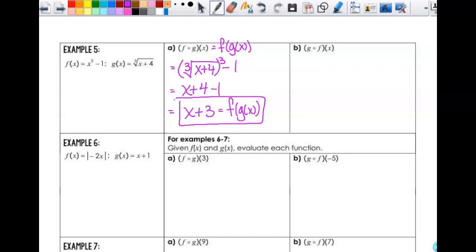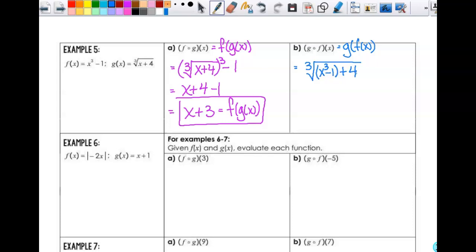What questions do you have? All right, you try and do B. When I substitute it in, that's what I get, right?